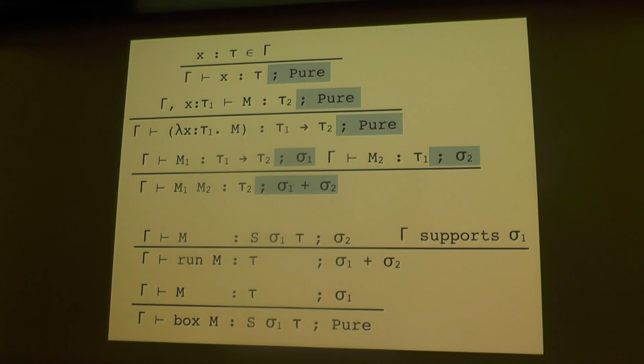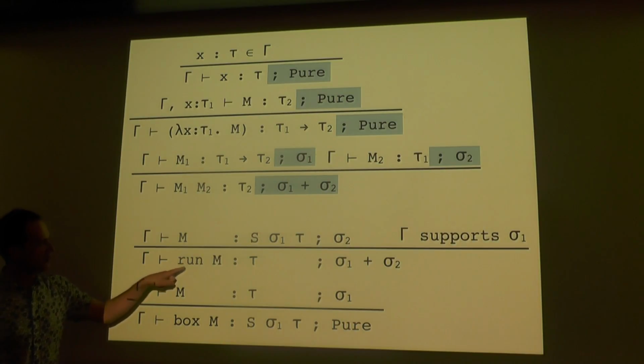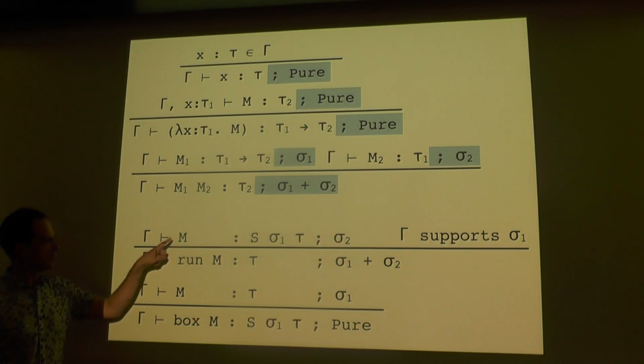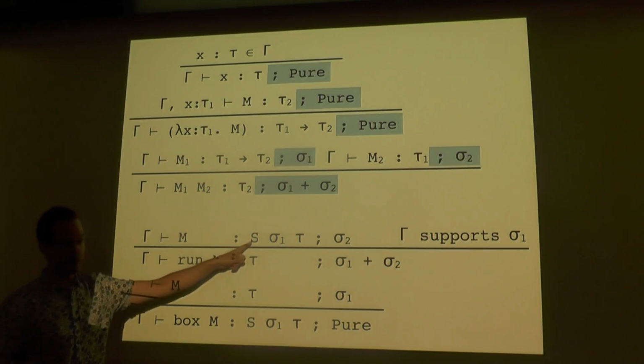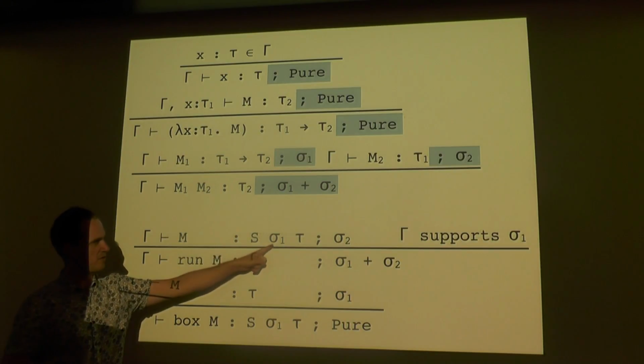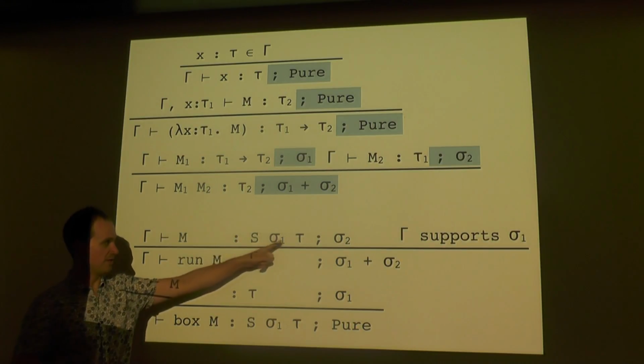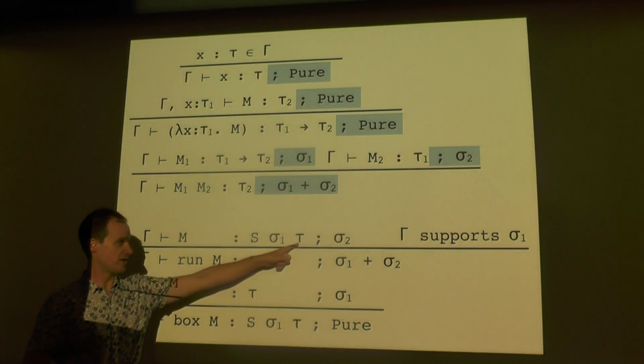Now there are two rules which I introduce to handle run and box. What this one says is that if I want to apply run to some term, the term has to be a suspended computation of some effect sigma 1, and it's going to have a result type tau.